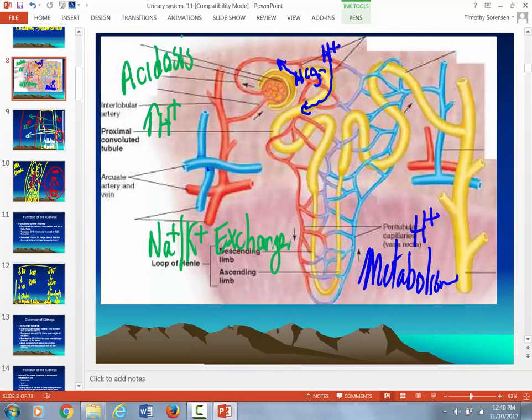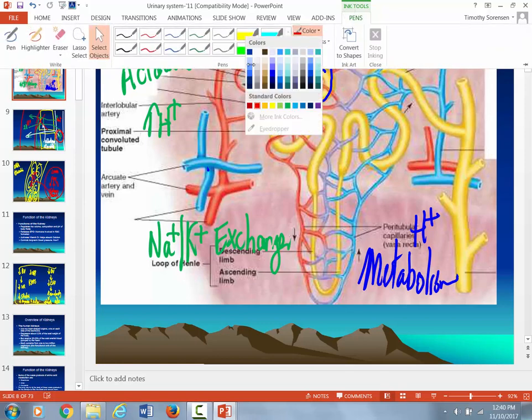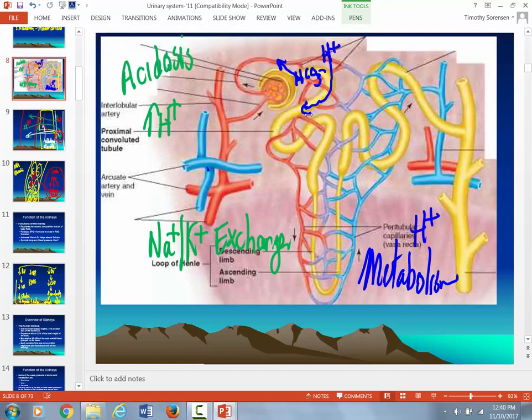What can ultimately correct any pH disturbance if you live long enough? The kidneys. How do they correct it? By secreting hydrogen ions and reabsorbing bicarbonate, ultimately. Say yes. But watch. If the amount of hydrogen ions goes up, what's another way you can get rid of them?